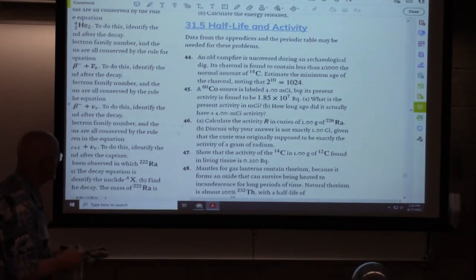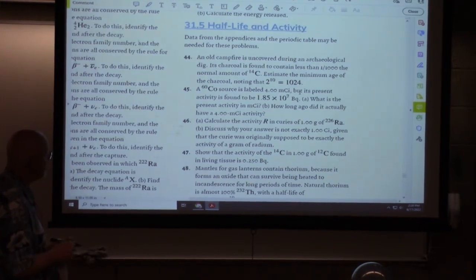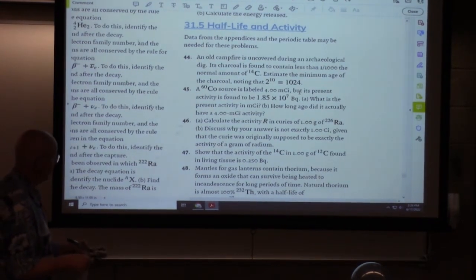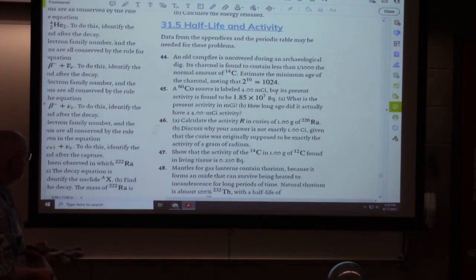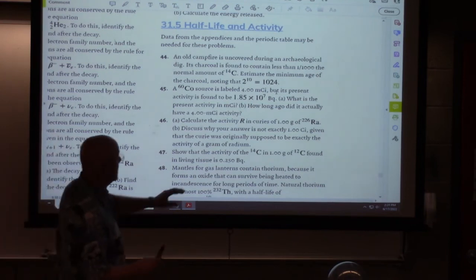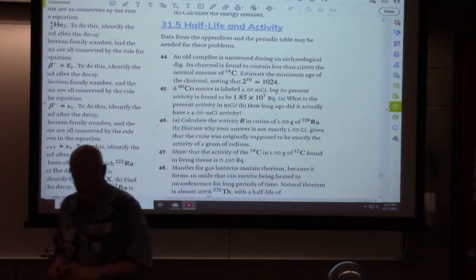This says a cobalt-60 source is labeled at 4 millicuries, but presently its activity is found to be 1.85 times 10 to the 7, oh, and there's that word again that I never use. Becquerel? I think it's pronounced Becquerel. Is that what you think it is, Ron? Yeah? Okay, so becquerels.